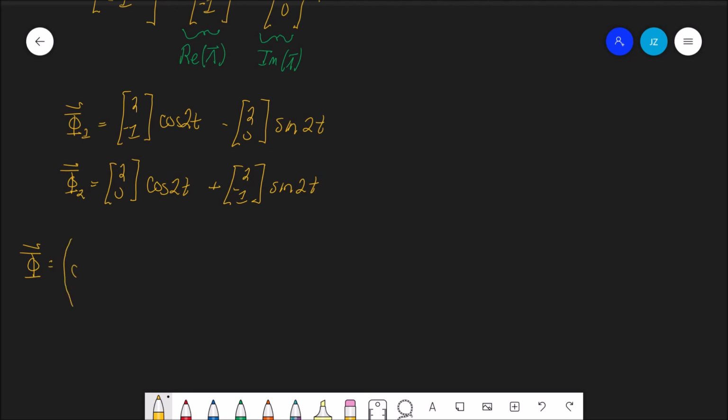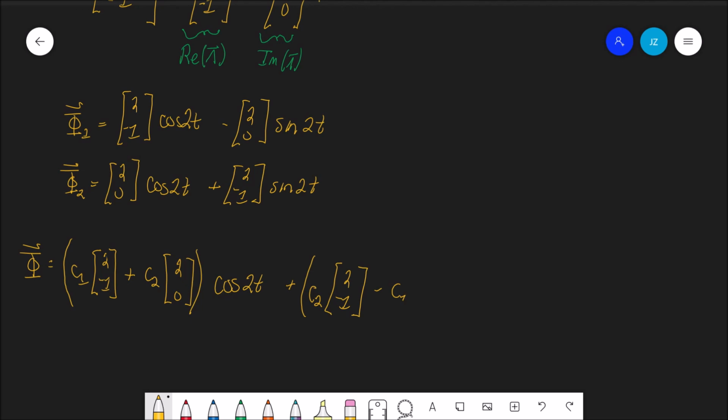We can write it in the form of c1 times (2, negative 1) plus c2 times (2, 0). This whole thing will be times the cosine of 2t, and then plus the quantity of c2 (2, negative 1) minus c1 (2, 0), all times sine of 2t.